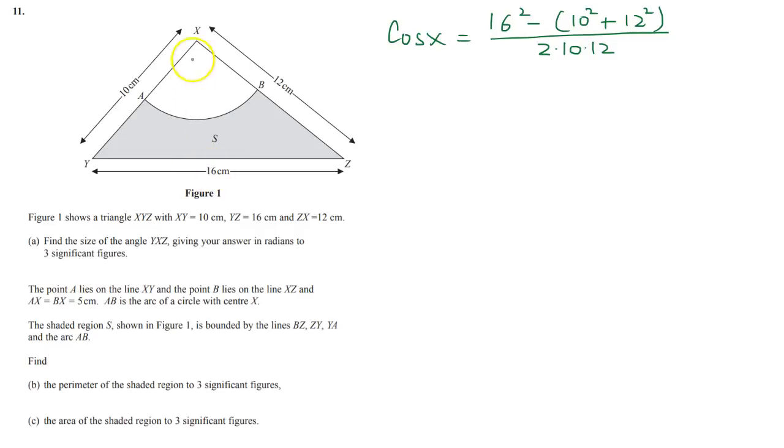The formula is simple. The opposite square, 16 square is equal to 10 square plus 12 square minus 2 multiply 10 multiply 12 cos x.